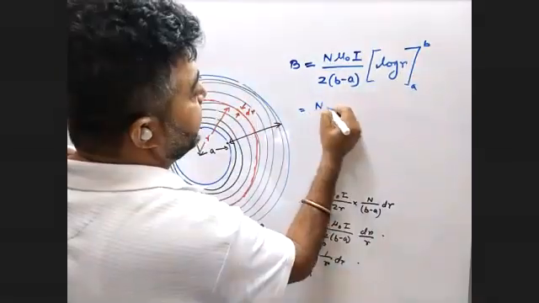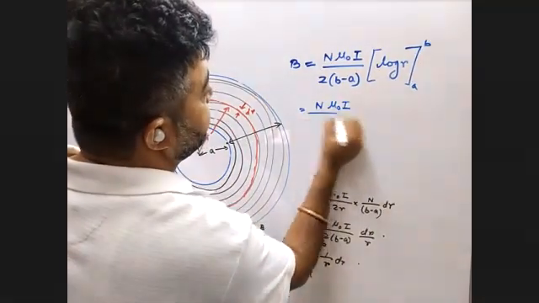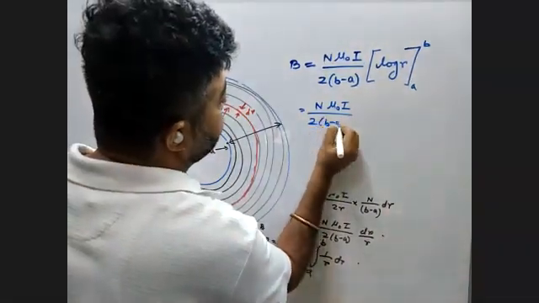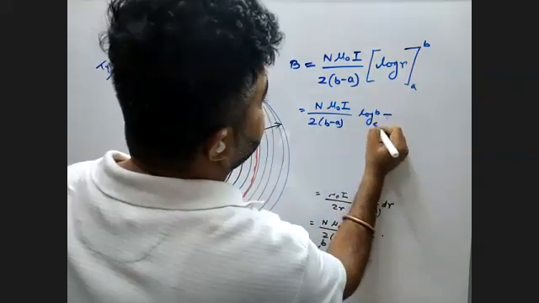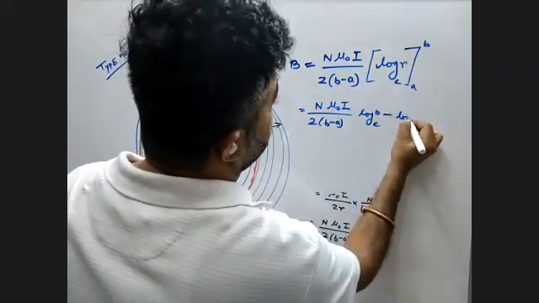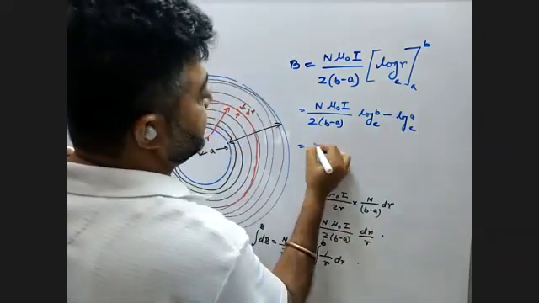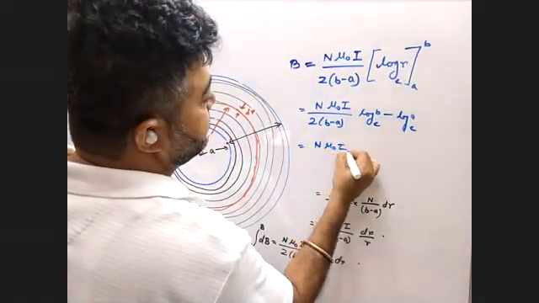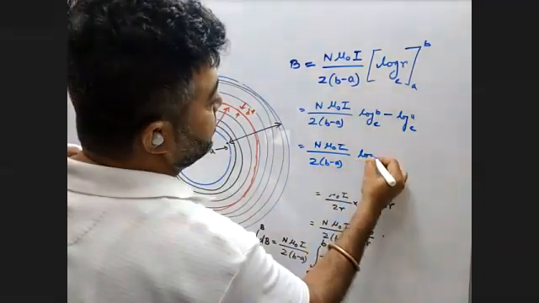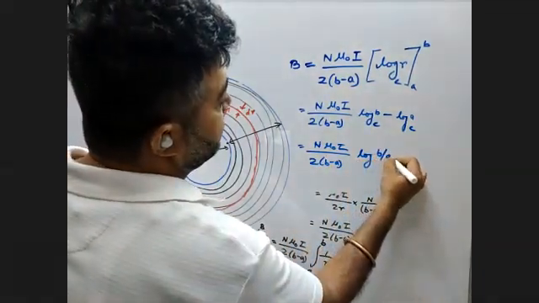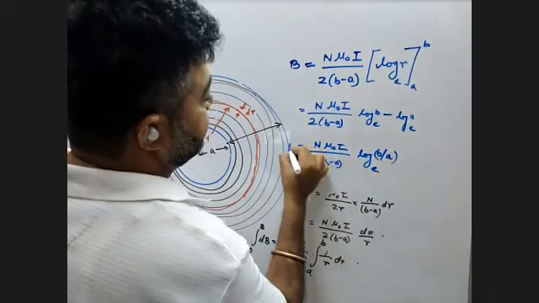So n mu naught I by 2 into b minus a, log b minus log a, that is n mu naught I by 2 into b minus a, log b by a.